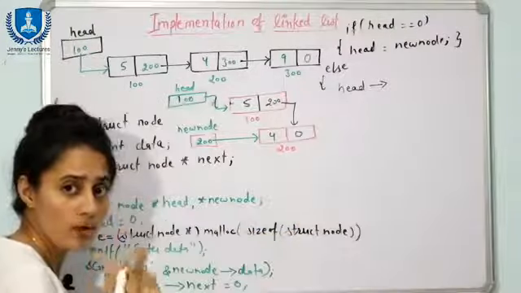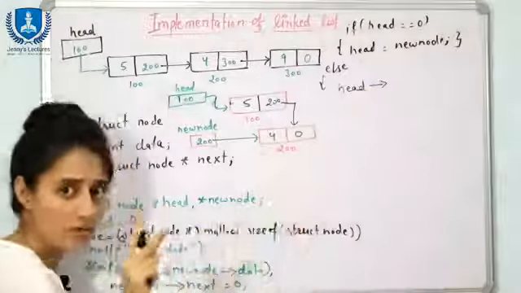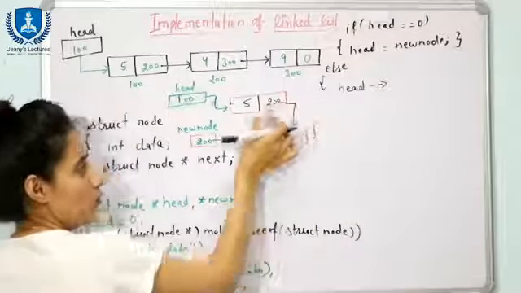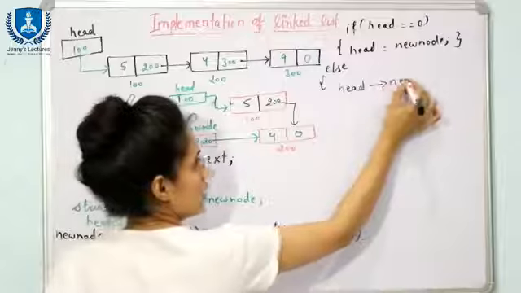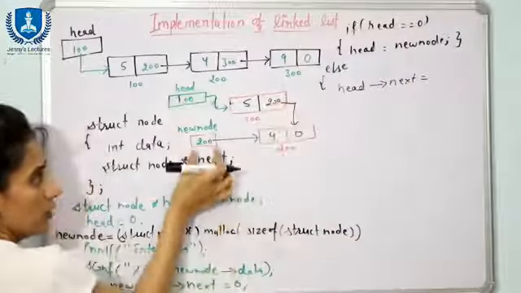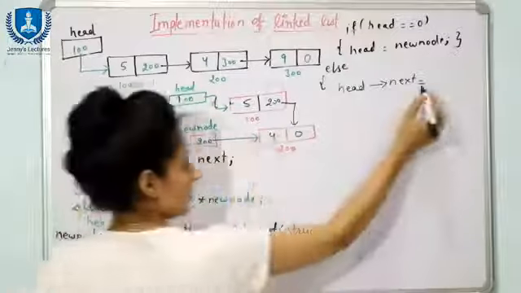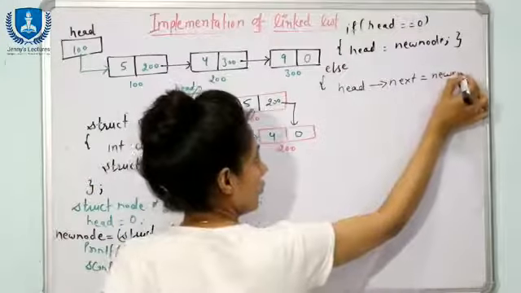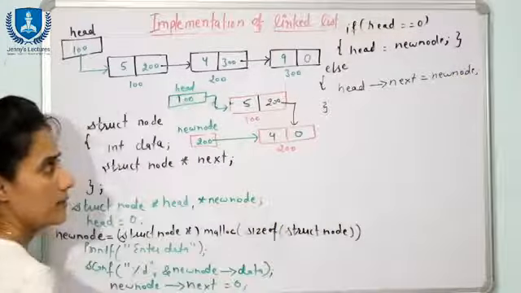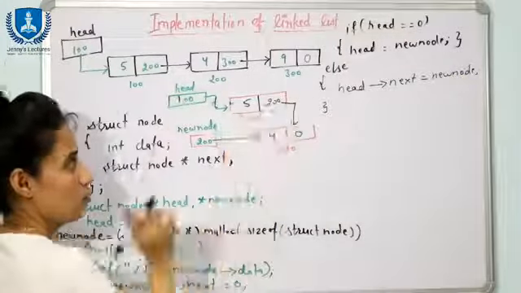In C, when you are writing a program, you can simply write hyphen and that angular bracket. And the name of this pointer is next. Next is equal to new node, so here you are going to store 200. So now we think this is done. Now the list has these 2 nodes.